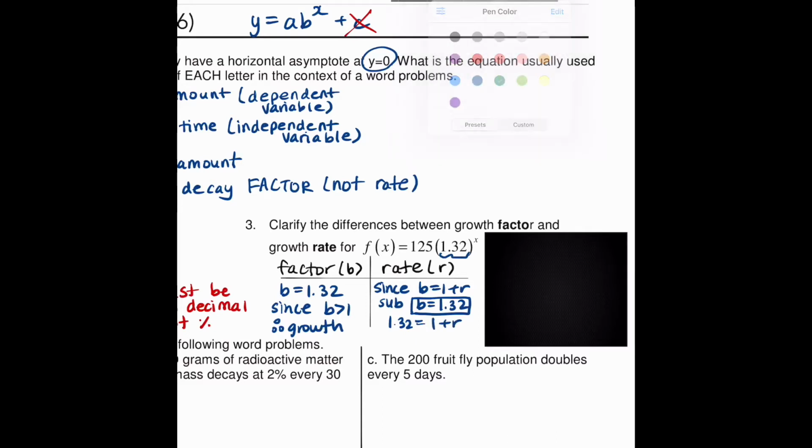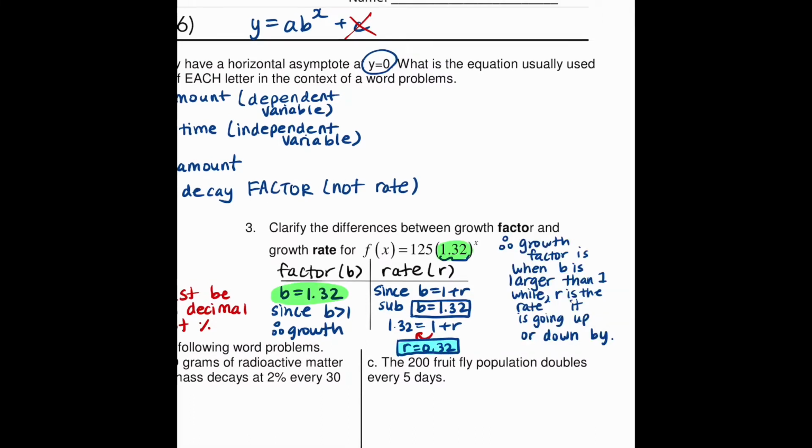And so I'm going to be able to solve for R by moving that 1 over, and I'm going to get R is equal to 0.32. And based on that, I can write my conclusion, which is going to be, therefore, it is a growth factor when B is larger than 1, whereas you have the R, and R is a rate that it is going up or down by.